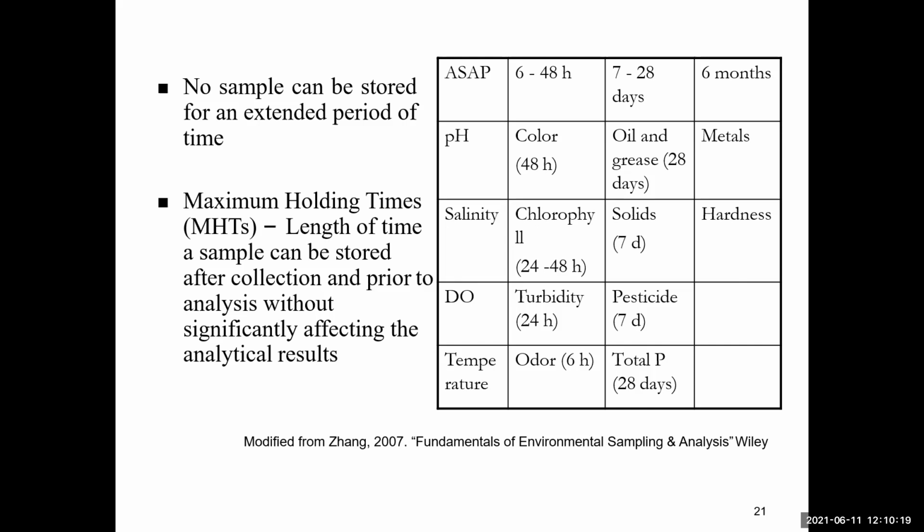Salinity and chlorophyll 24 to 48 hours, solids 7 days, and hardness 6 months. Dissolved oxygen is not available for 6 months. Turbidity 24 hours, pressure 7 days, and temperature 6 hours.